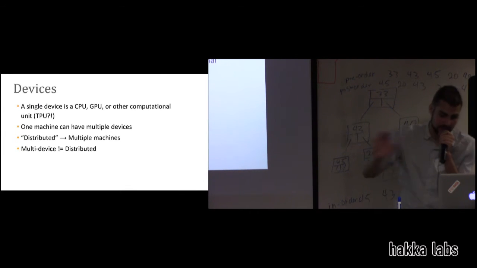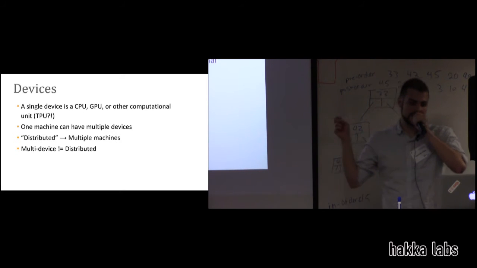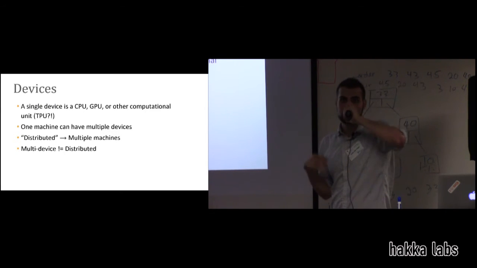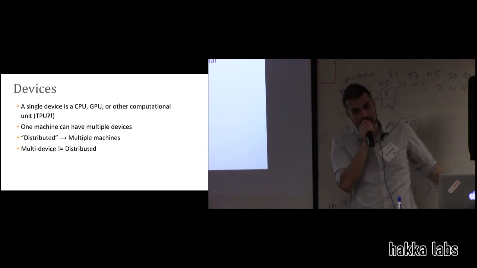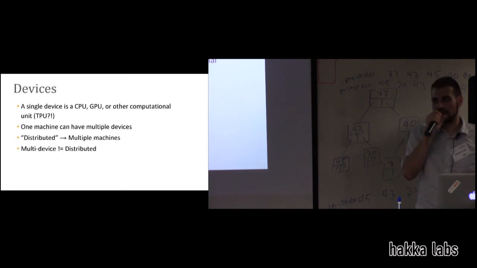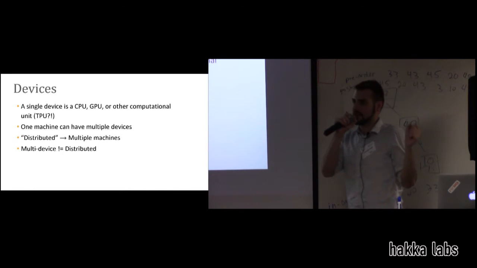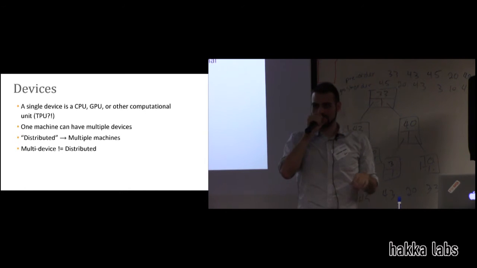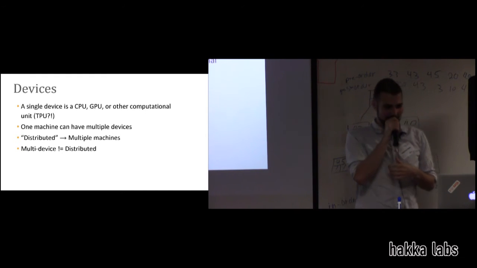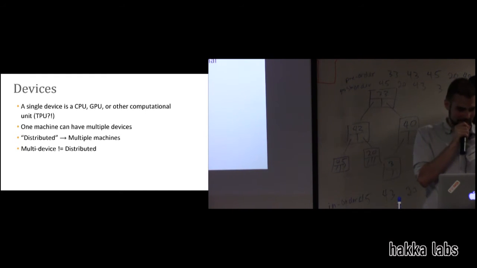Okay, and then this is a terminology thing, the term devices. So a device is a CPU or GPU. It does not mean a computer or a whole machine. A machine can have multiple devices. I don't know if you guys saw this in the news, but Google announced that they've made their own tensor processing units for their cloud computing. It's gonna be so cool, except they're so expensive and maybe not practical.